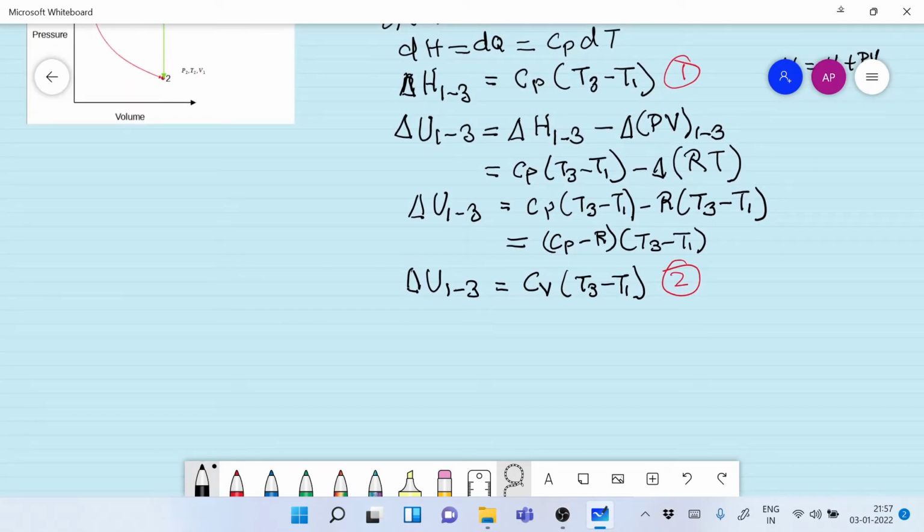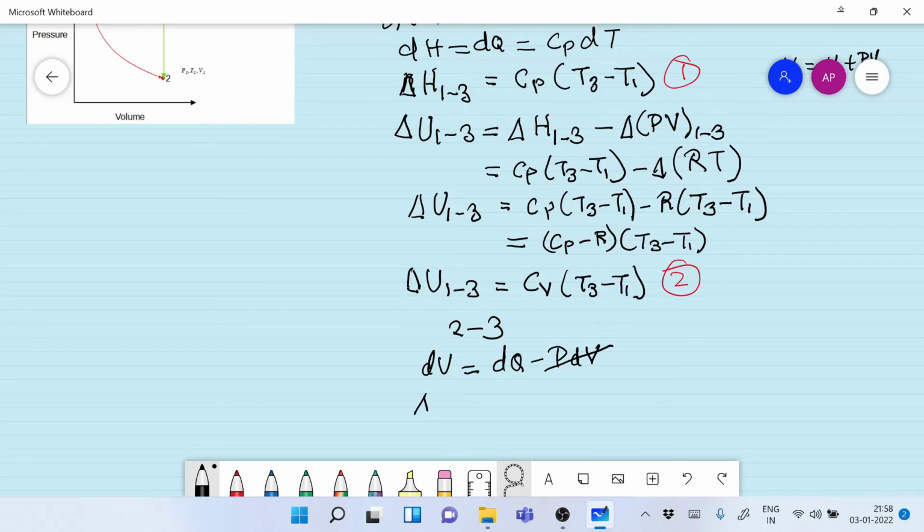Now for the process 3 2, we write the first law: dU is equal to dQ minus P dV. Since it's a constant volume process, P dV is 0.